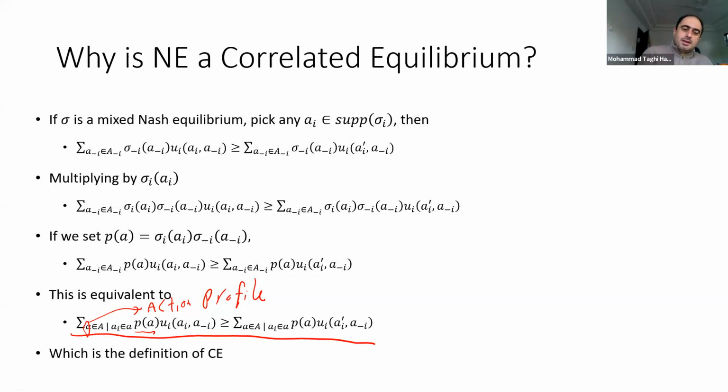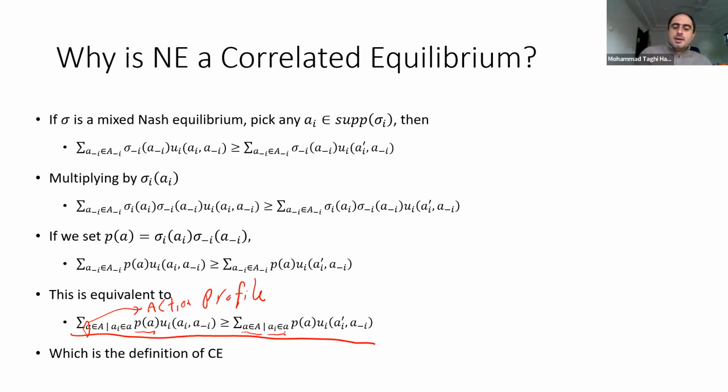So here we have this one that for essentially all action profiles that a_i belongs to, the probability of that action profile, the landing probability of that action profile, times the utility that agent i gets should be greater than or equal to, again, we are taking the same sum over all a that a_i belongs to.